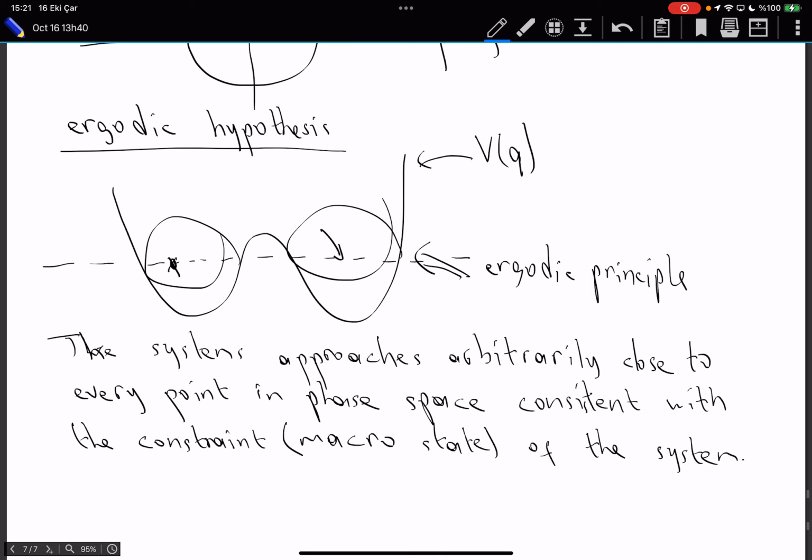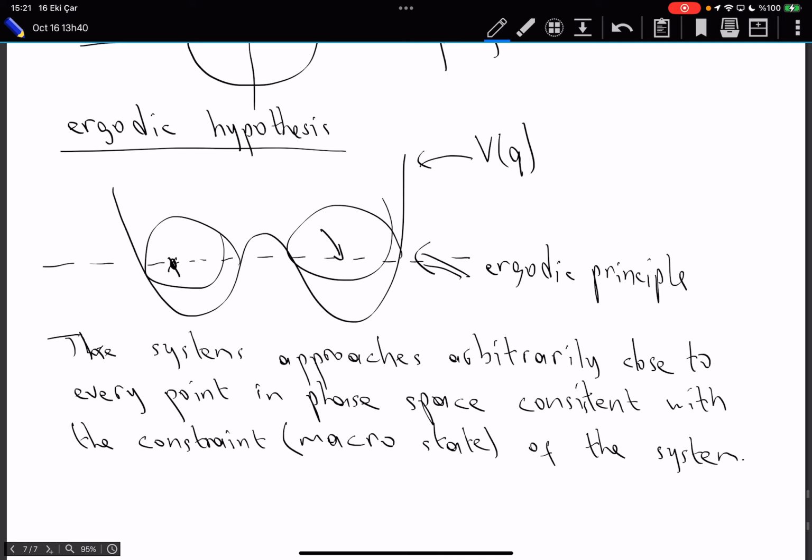We haven't placed any constraint on E over N, right? For this. Where? Ergodic principle. Right, yeah. No, the ergodic principle is quite a general assumption that we are actually making. Because we will be imposing only the condition that the total energy is E, the total number of particles is equal to this much.